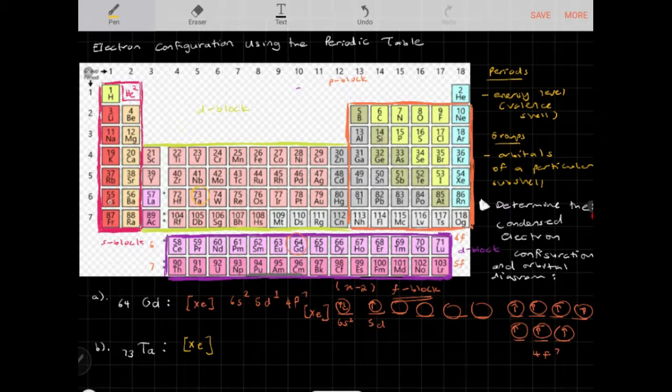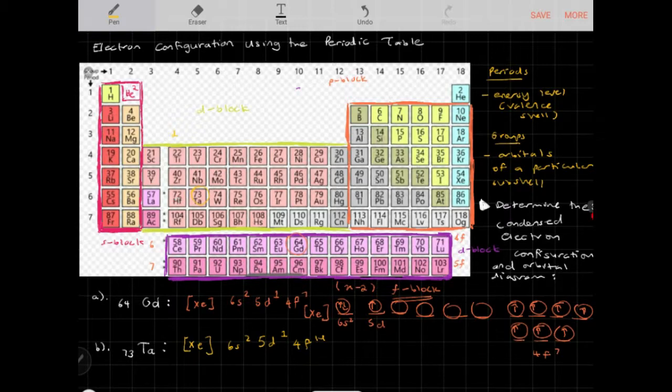So from xenon you go 6s2, cesium, barium, and then 5d1, right? Then from 5d1 you complete 4f14. You go from cerium all the way to lutetium, atomic number 71, so 4f14, and then you go back to atomic number 72.